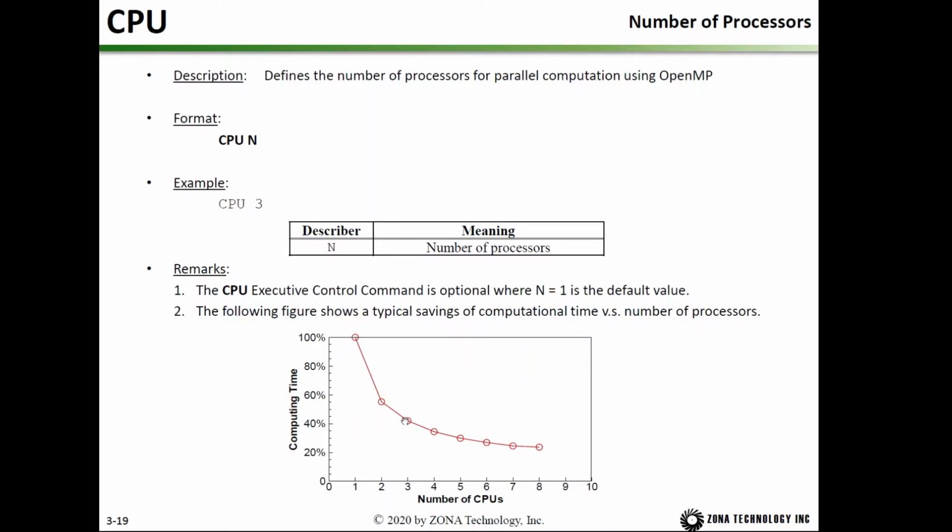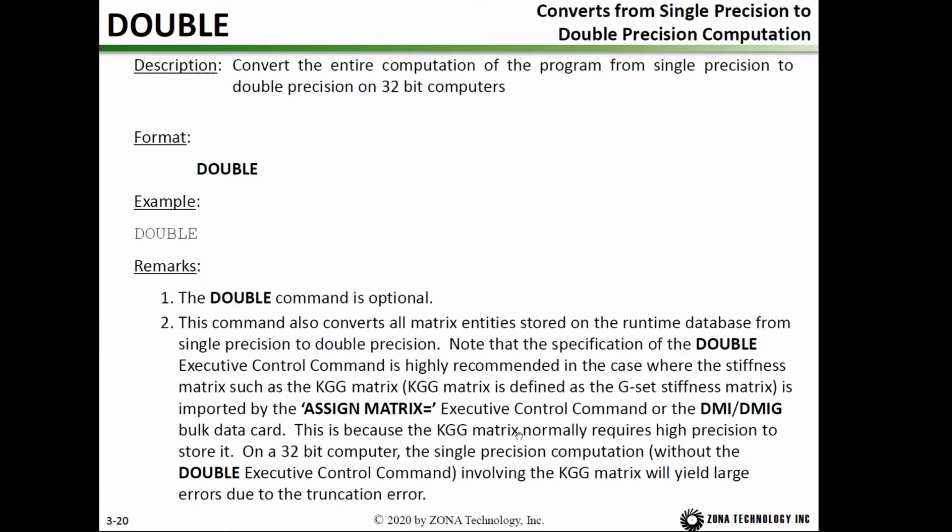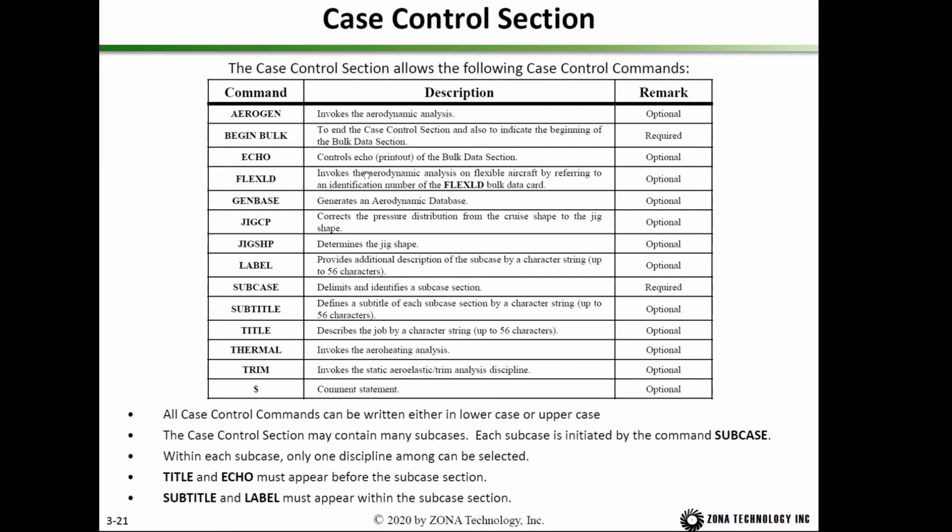However, if you specify a lot of CPUs, the efficiency deteriorates. DOUBLE converts the entire computation from single precision to double precision on a 32-bit computer. Today, we only release the 64-bit ZONAIR version, so you don't have to specify DOUBLE.